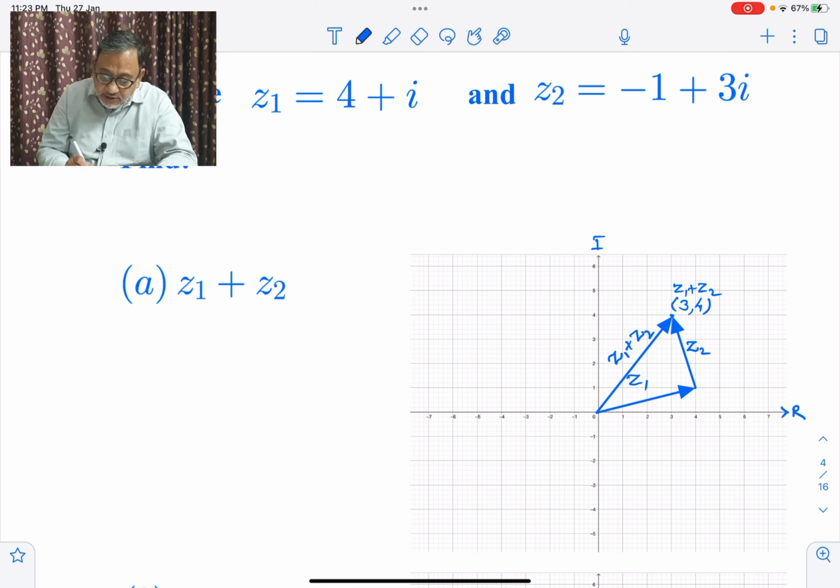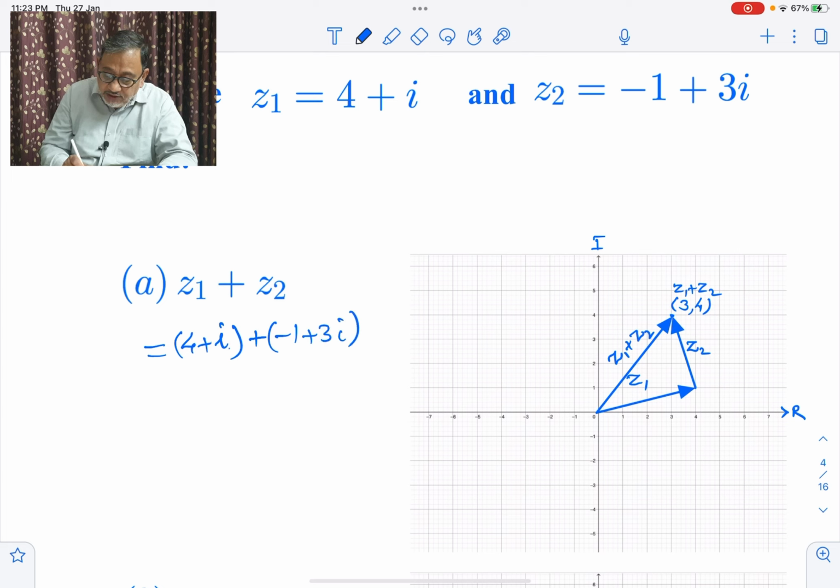So look here, Z1 plus Z2. Z1 is 4 plus i and Z2 is minus 1 plus 3i. Okay. When you add, you will add the real part, because in the last lesson I have shown you, and you will add the imaginary part. So in this place there is 1 only and in this place there is 3. So 1 plus 3 and i will be common with them.